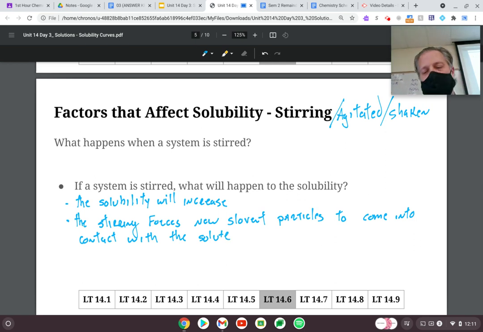So the stirring, by forcing new solvent particles to come into contact with the solute, the intermolecular forces of attraction are overcome.